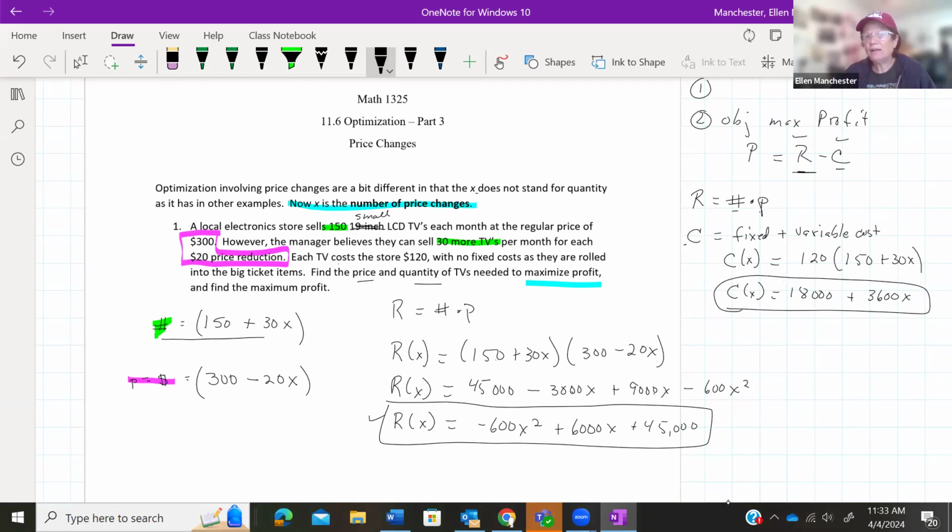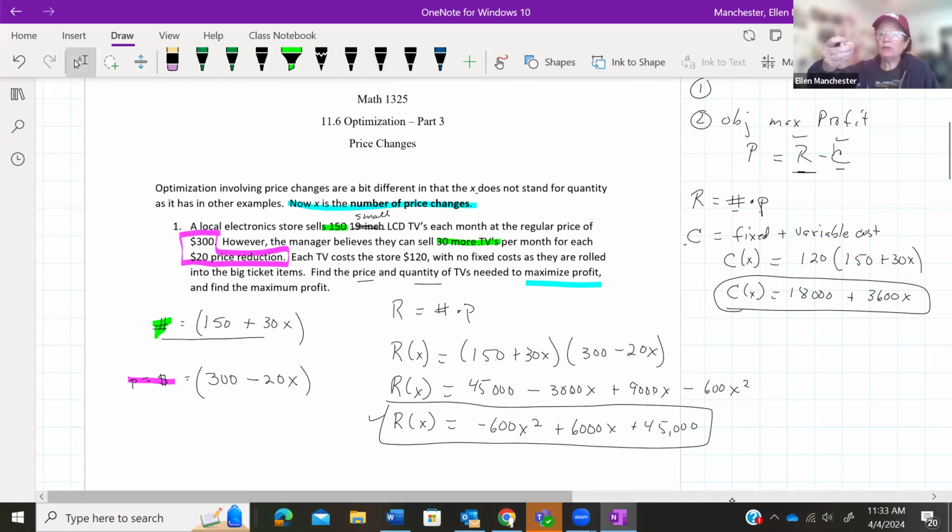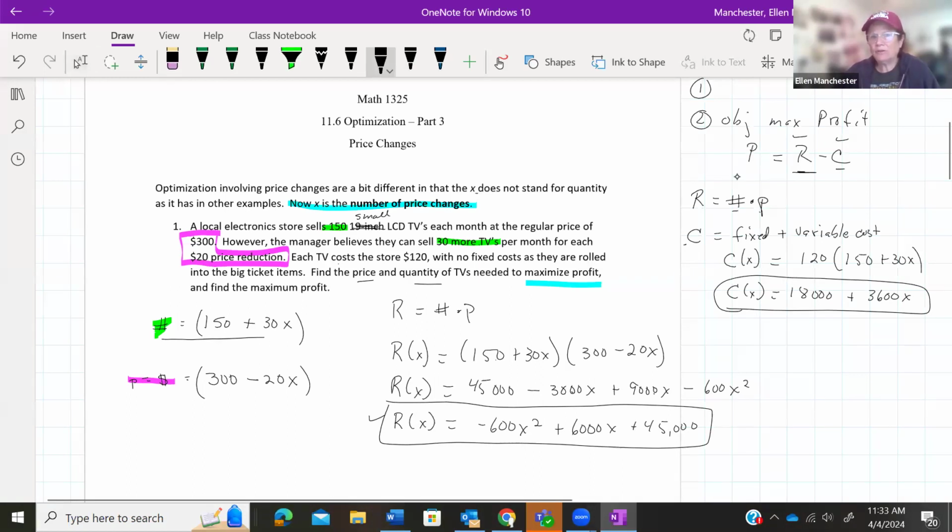Now I have everything I need to get my profit. It's a matter of pulling the information out and seeing exactly what it is that we're looking for. If we're looking for maximum profit, I need the revenue and I need the cost. The revenue is the number of products times the price of the products.